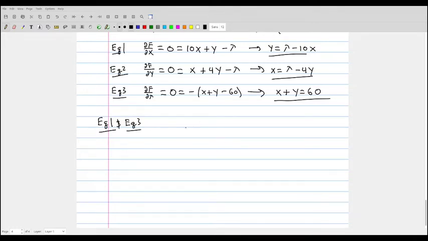If I plug equation 1 into equation 3, I get the equation x plus lambda minus 10x is equal to 60, which is the same thing as the equation negative 9x plus lambda is equal to 60.